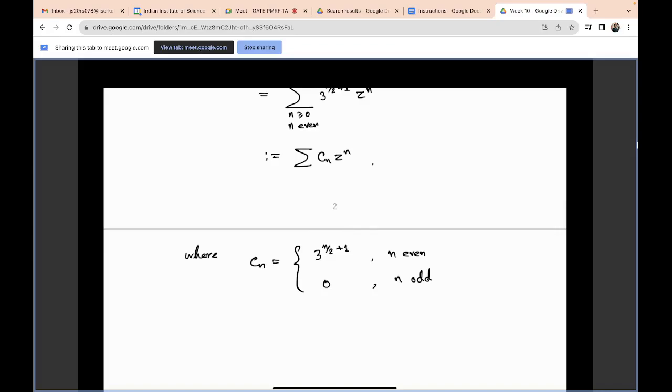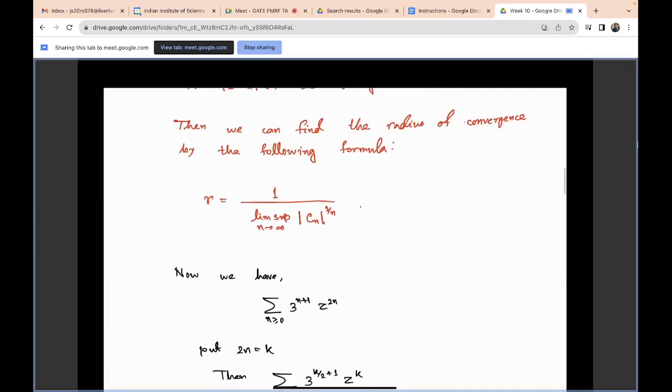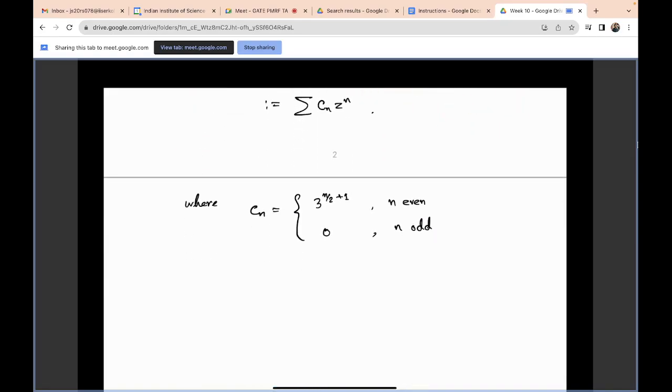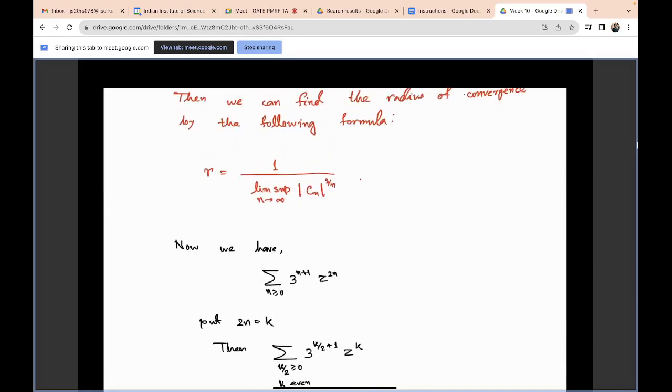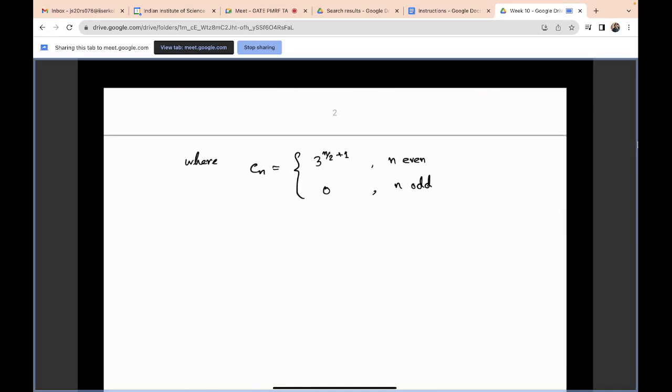So this is our sequence, and you have to find the lim sup of this sequence. Note that this sequence has two convergent subsequences. It is not basically a convergent sequence. Note that in the formula it is lim sup, so you have to find the subsequential limit which is the maximum or supremum. So let's find it.